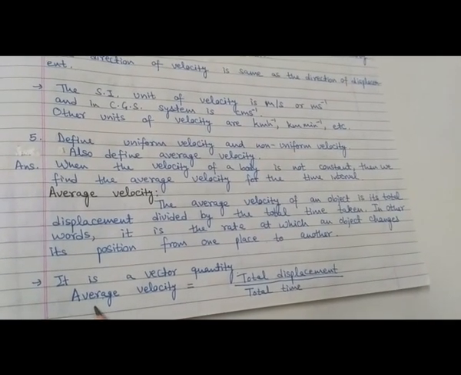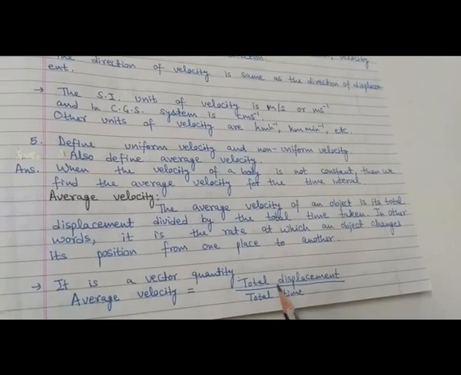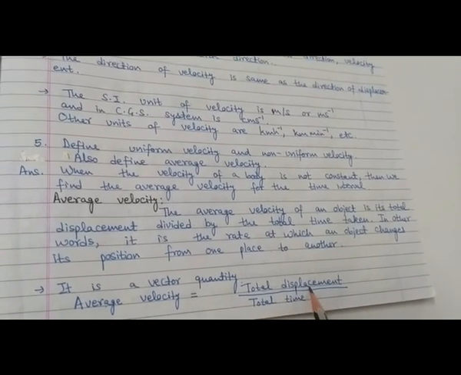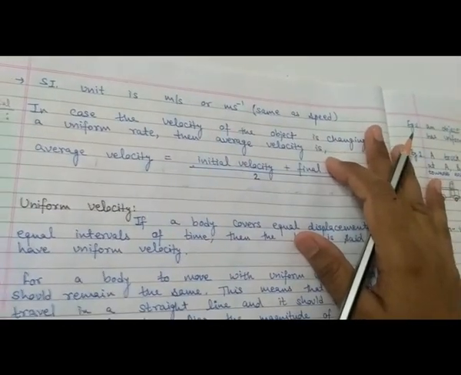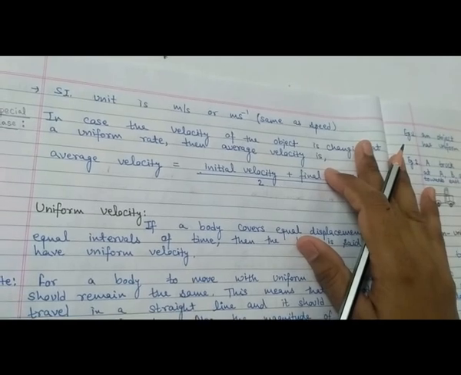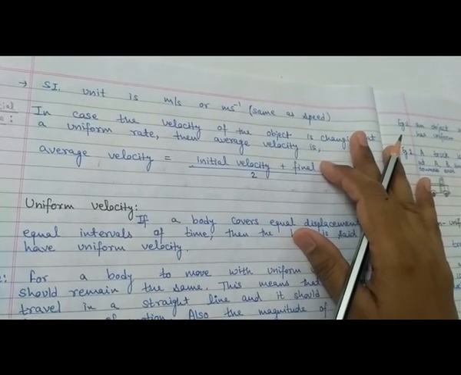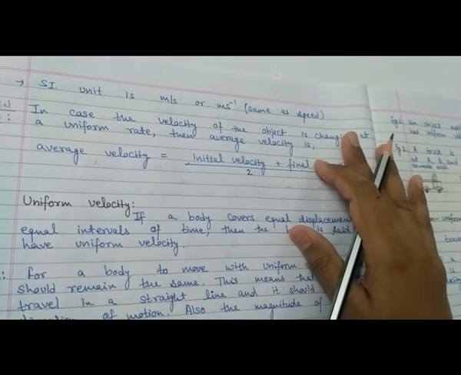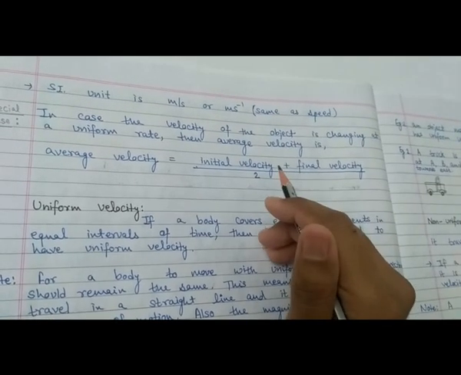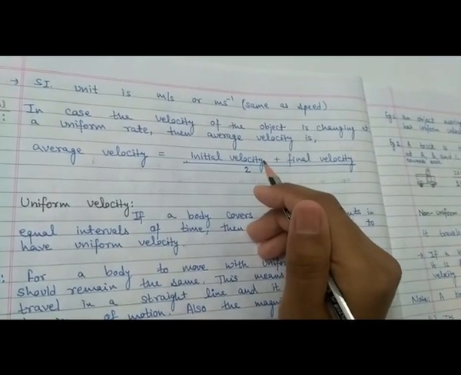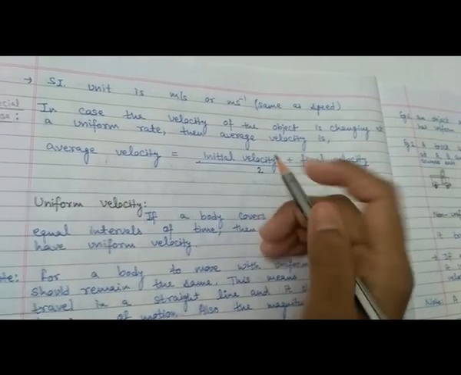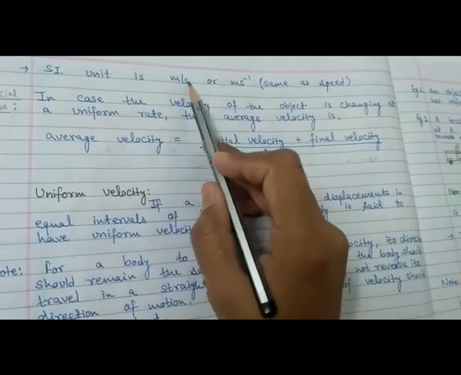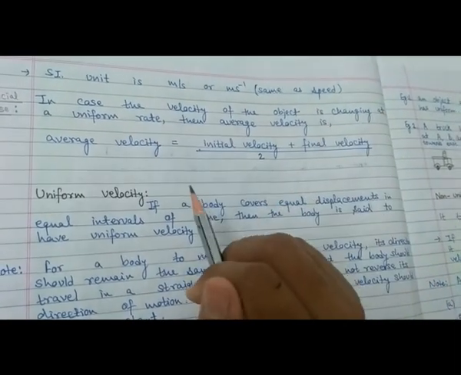Now we are considering average velocity, so we have to consider the displacement. So what is the SI unit of average velocity? The same as that of velocity, and velocity has the same SI unit as speed because both show how fast the object is moving. So the SI unit is meter per second, same as speed.